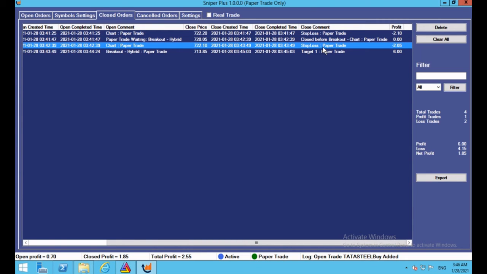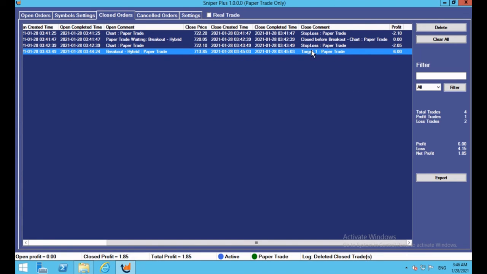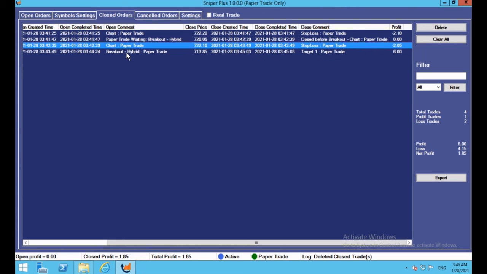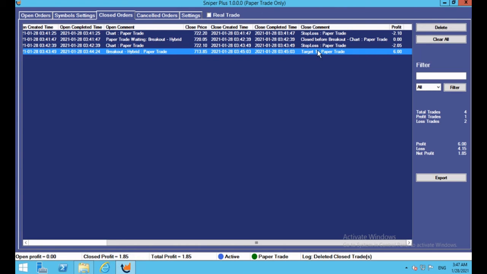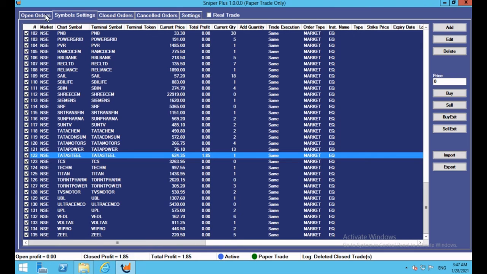The third one is a sell call, where we are in loss. And the fourth one is a hybrid breakout, and now the target has been achieved here. Okay, 2 calls in loss and 2 calls in profit. Profit, loss and net profit we can see here: 6, 415 and 1.85 respectively. Okay, this is how the hybrid mode works.